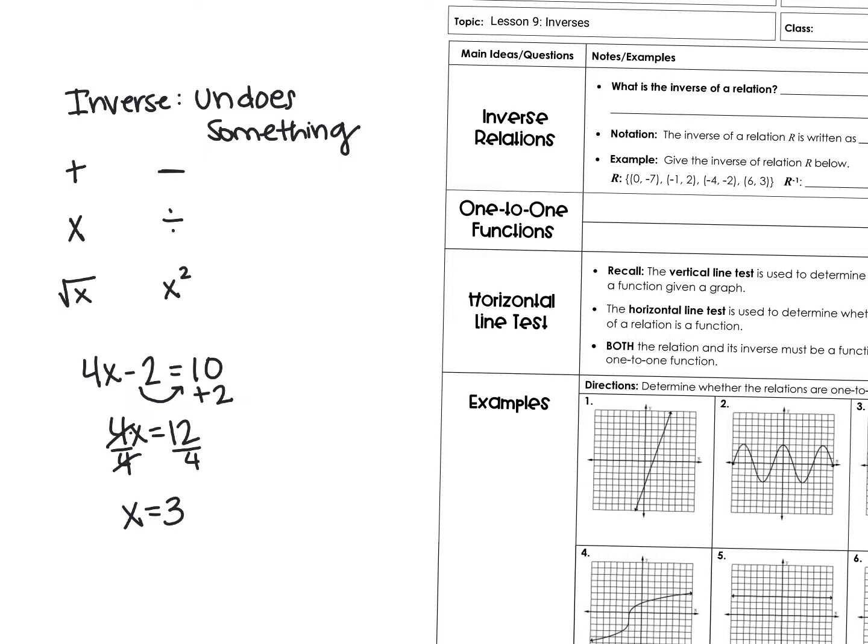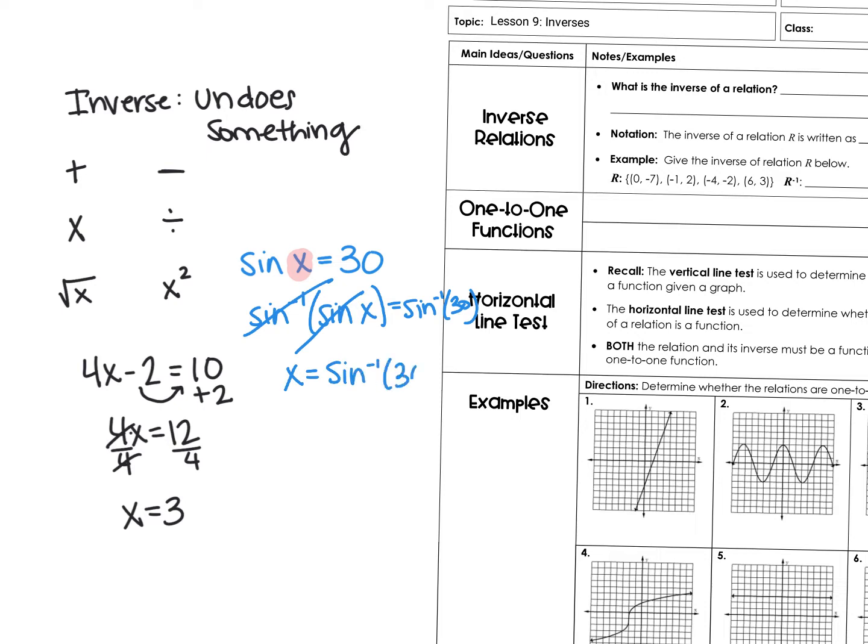If you'll recall from trigonometry, we also did inverses. Whenever we had, for example, the sine of x equals 30, to be able to isolate our angle, x, what we had to do was take the inverse, and the normal function would cancel each other, and we would be left with the inverse here to be able to find the angle.